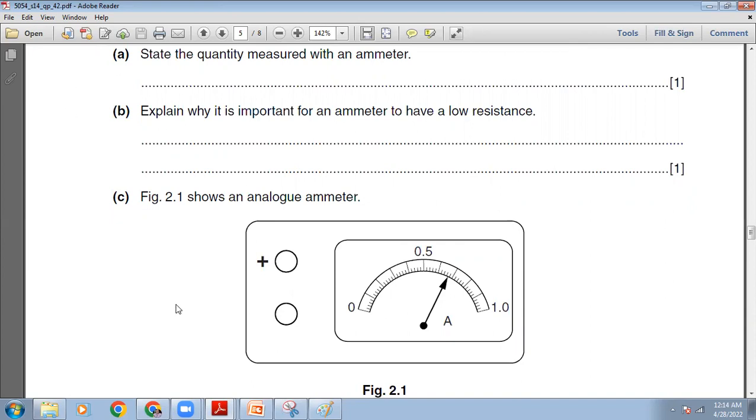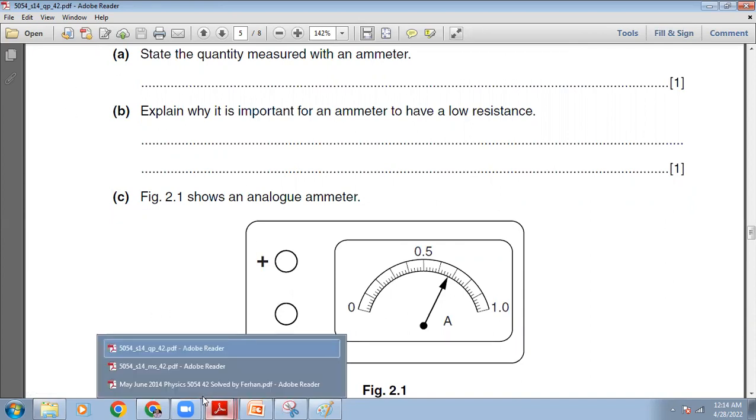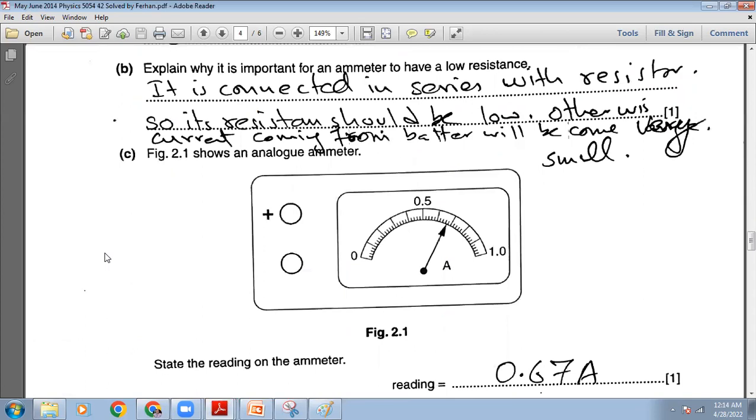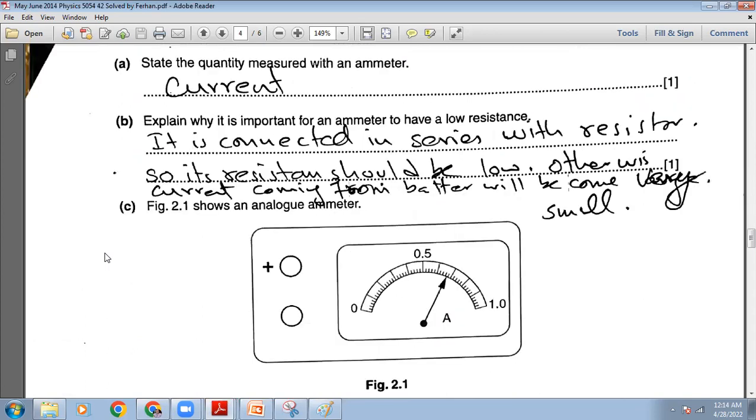So the resistance of the ammeter should be low. It is connected in series with the resistor, so its resistance should be low. Otherwise, the current coming from the battery will become small if its resistance is high.